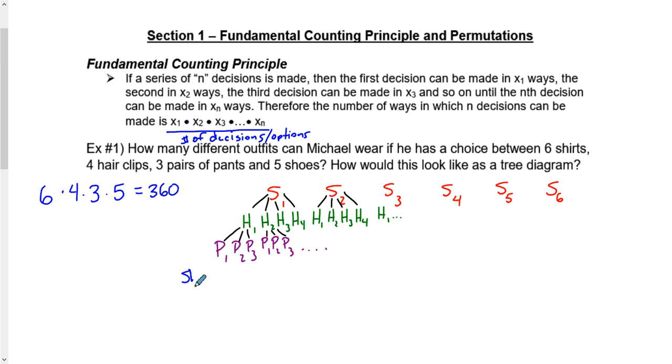So we have shoes 1, shoes 2, shoes 3, shoes 4, and shoes 5 to choose from, no matter which path you go. This is how a tree diagram would look. Very convoluted, very complex. That's why you won't have very many tree diagram questions. They'll be very basic, but this is the way. By the end of this, there'll be 360 different paths that Michael could choose.